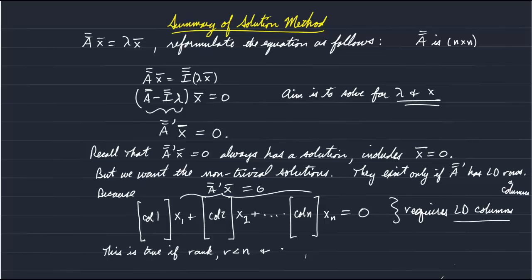And therefore, the determinant of A prime is equal to 0. So to solve for the lambdas, which are in the diagonals of A prime, the strategy is then to set the determinant of A prime equal to 0 and then solve for the lambdas.